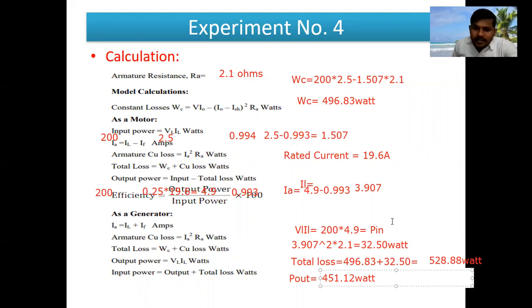वी कॅन इझिली कॅल्क्युलेट द इफिशियन्सी. दॅट इज इफिशियन्सी इज इक्वल टू आउटपुट पॉवर 451.12 डिवायडेड बाय इनपुट पॉवर, जी काय आली होती ती 200 इंटू 4.9, दॅट मीन्स 980 ना. 980. हा किती येते इफिशियन्सी.